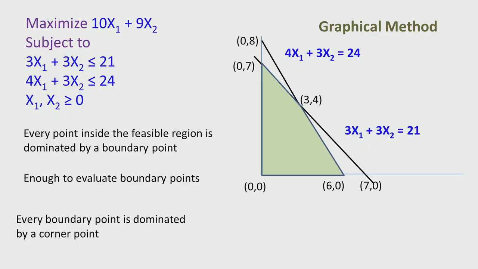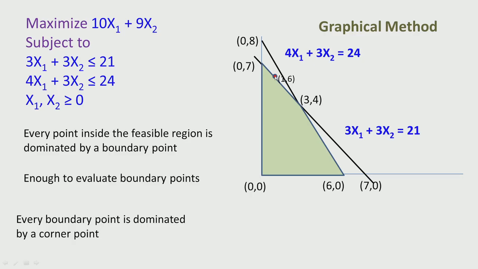Now we make another observation that every boundary point is dominated by a corner point. For example, if I take the point 1, 6, the point 1, 6, which is a boundary point, has a value 10 plus 54 equal to 64. Now I can try and move this boundary point along the boundary region and try to come to either 0, 7 or 3, 4.